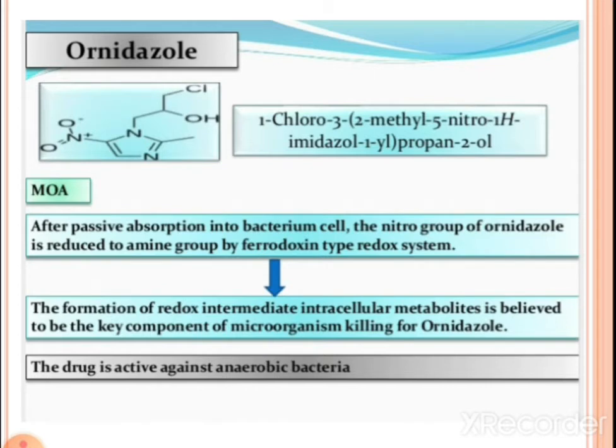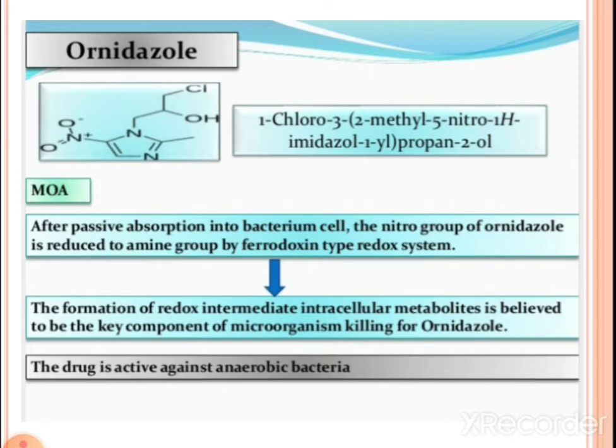The mode of action of this drug begins with passive absorption into the bacterial cell. The nitro group of ornidazole, at the fifth position, is reduced to an amine by a ferredoxin-type redox system, and the formation of the redox intermediate, an intracellular metabolite, is believed to be the key component of microorganism killing for ornidazole.